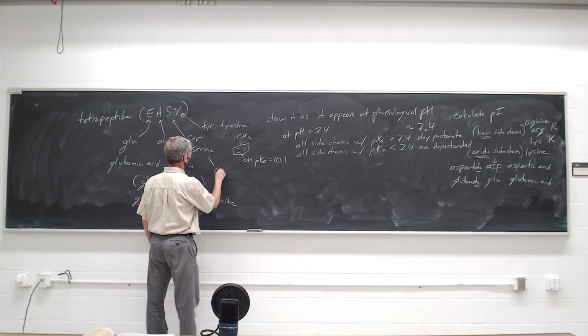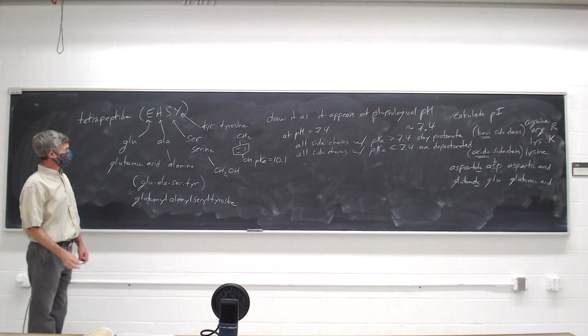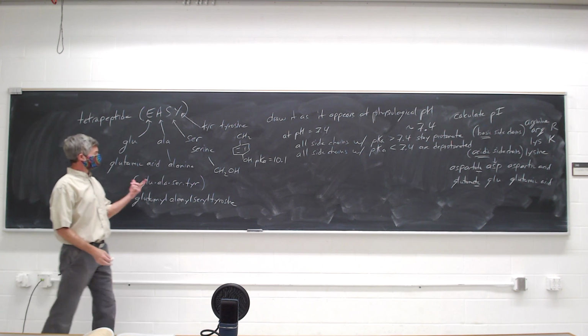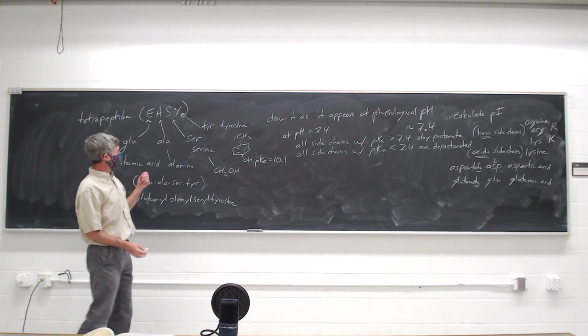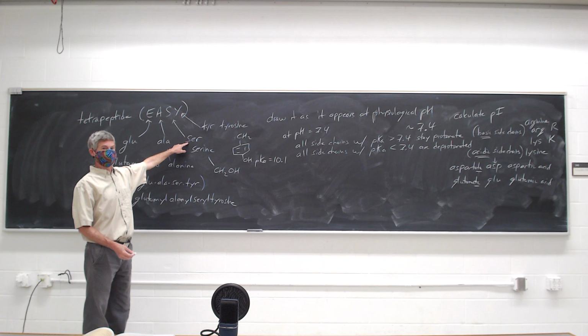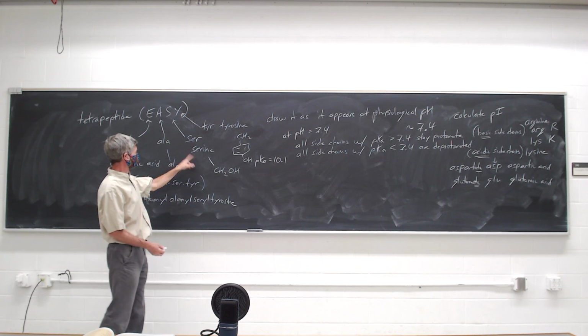Serine has the functional group CH2OH. Cysteine is the one that has CH2SH. And you can remember those by knowing that serine is the one that starts with S, so it doesn't have the sulfur in it. Just for maximum annoyance. It's cysteine, the one that doesn't have the S in the beginning of the name, that has the sulfur in it.